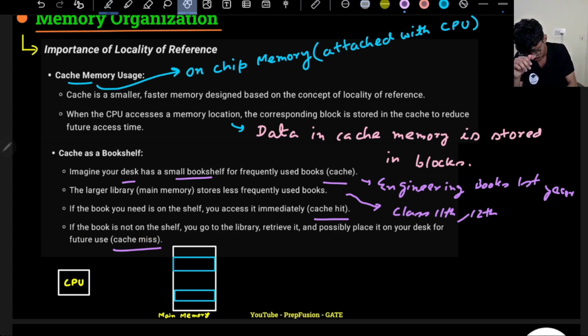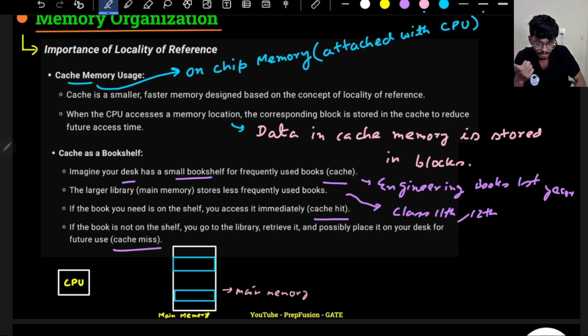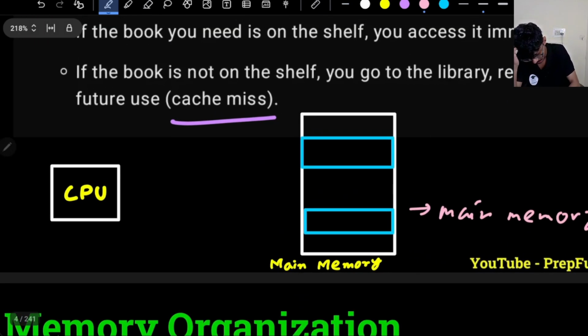Now, just one small thing, this is my main memory, and in between I will have cache.